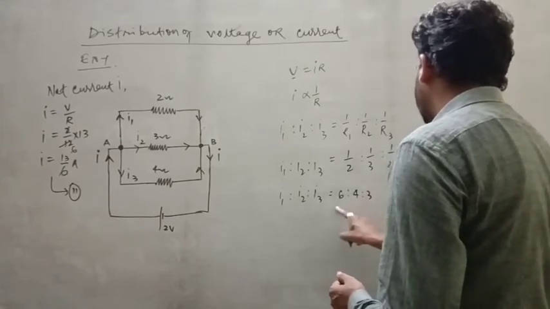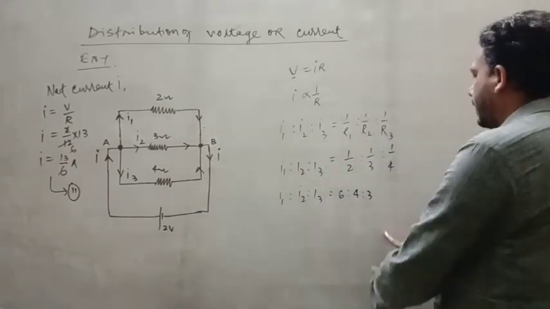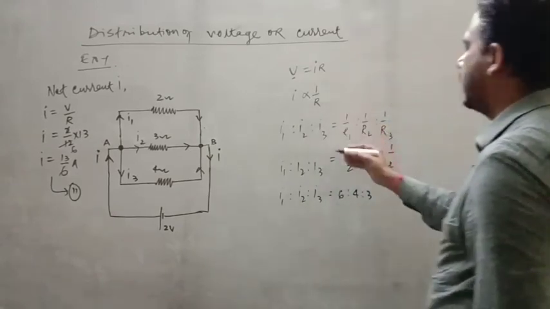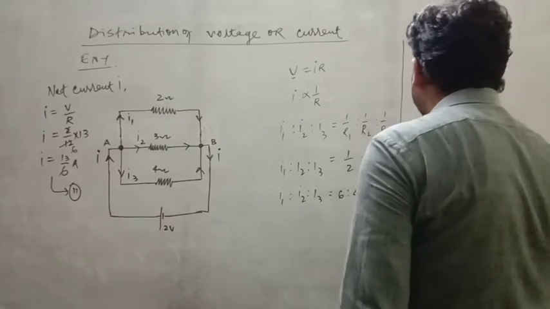So this is directly proportional. Once you have converted the relation from inversely to directly, you can calculate I1, I2, I3.